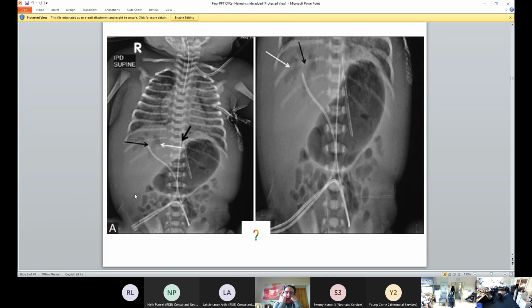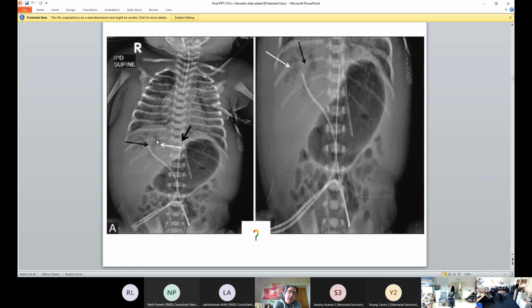This X-ray shows there is a UVC. You can see the UVC here is going in the wrong direction, because the tip stops here at the level of T10 and is following the right portal vein, in this direction.